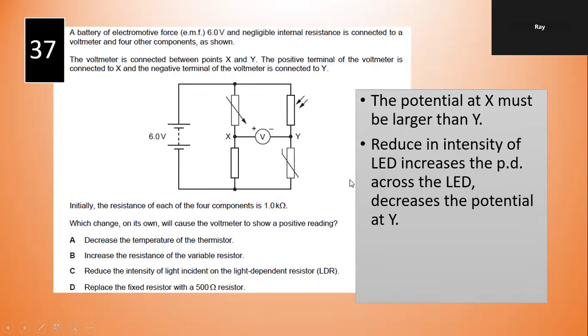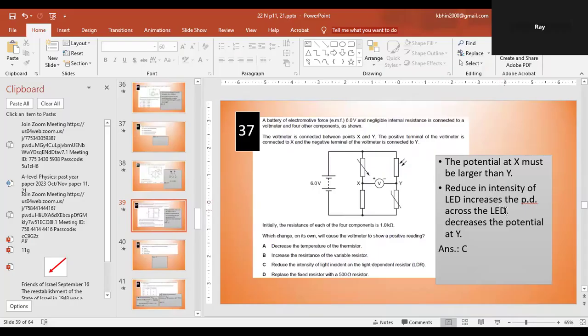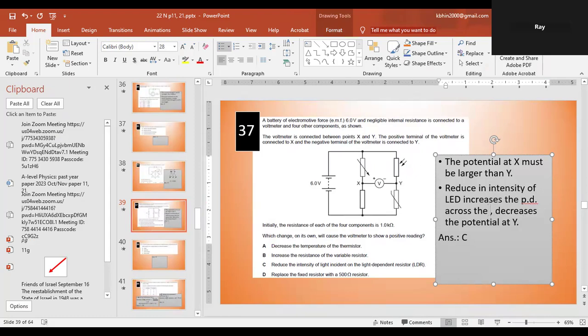Reduce intensity of light, the resistance will increase, so the PD across the LDR increases.